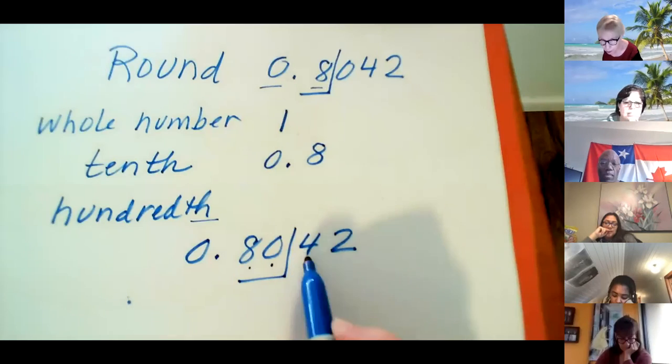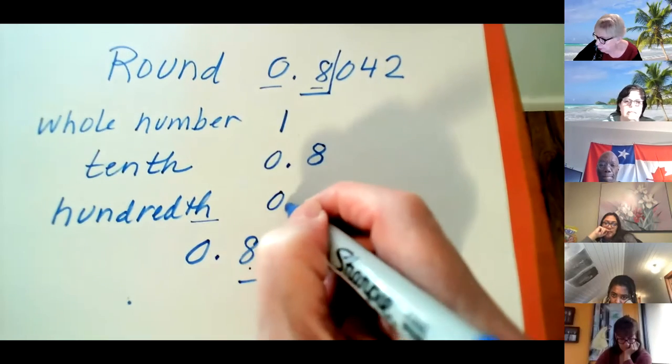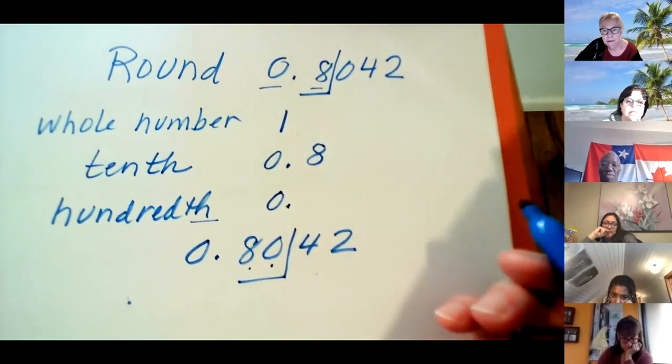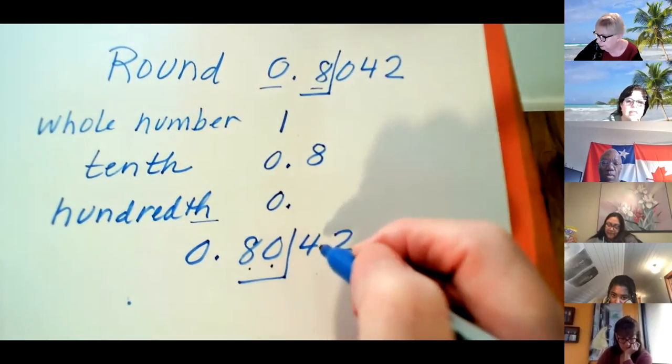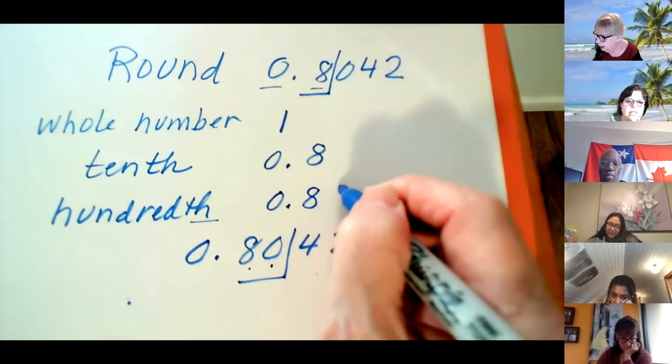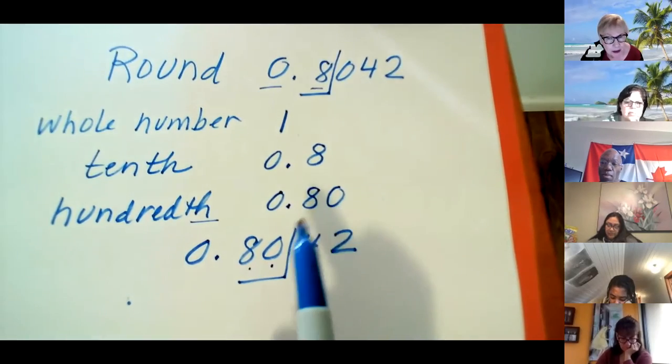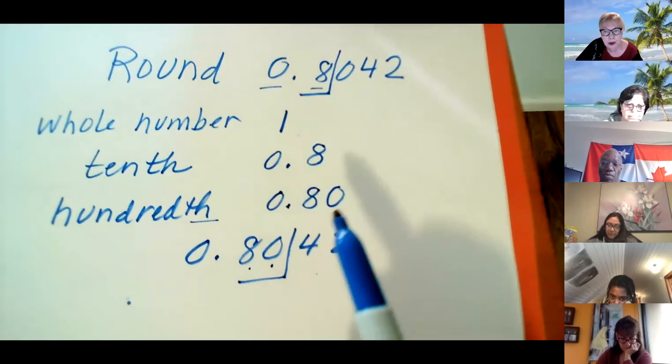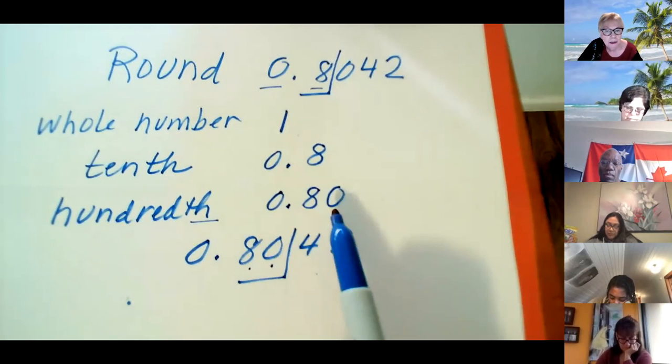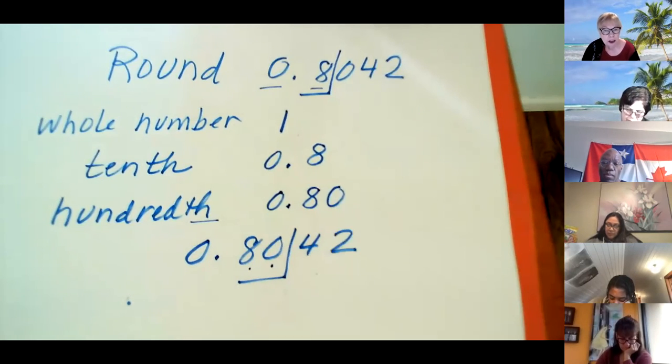No. So your answer is 0.8. There is a tendency to add the 0. This is one of the few exceptions, just to show that there's a number here. But if you didn't put the 0 in, it would still be fine. Okay, but this is showing that's the hundredths place.